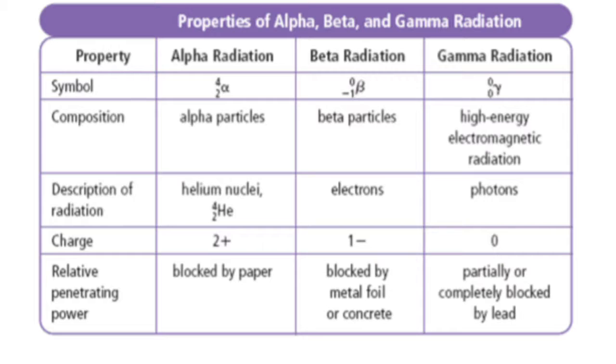It doesn't have any mass at all. Charges are there: 2, -1, 0. Alpha is blocked by paper, beta by metal foil or concrete, and something like gamma, you need some lead or some thick concrete to stop those. High energy.